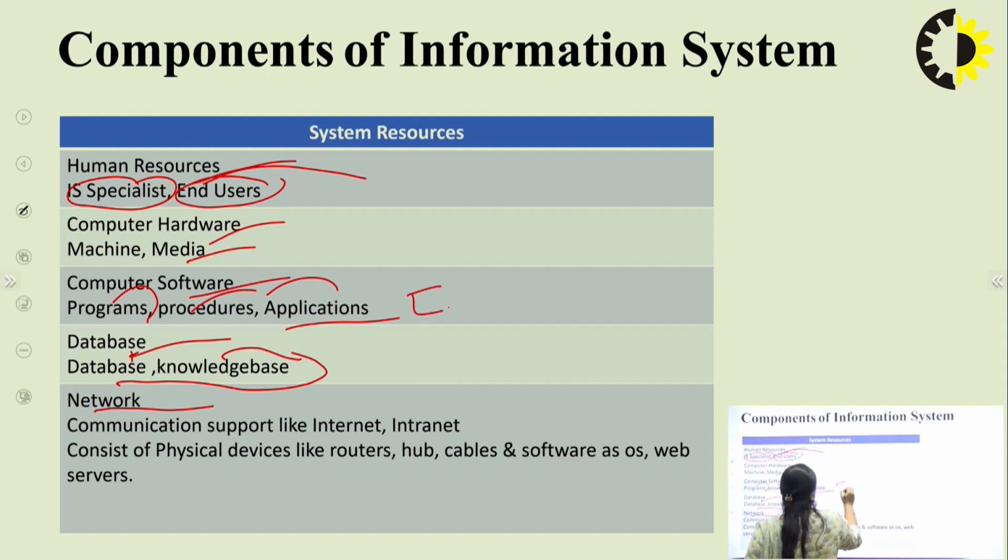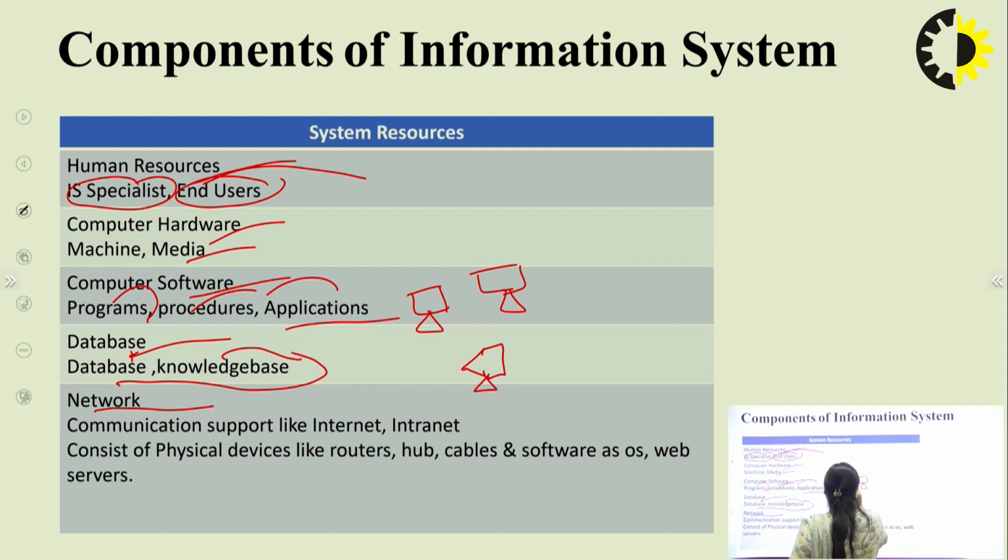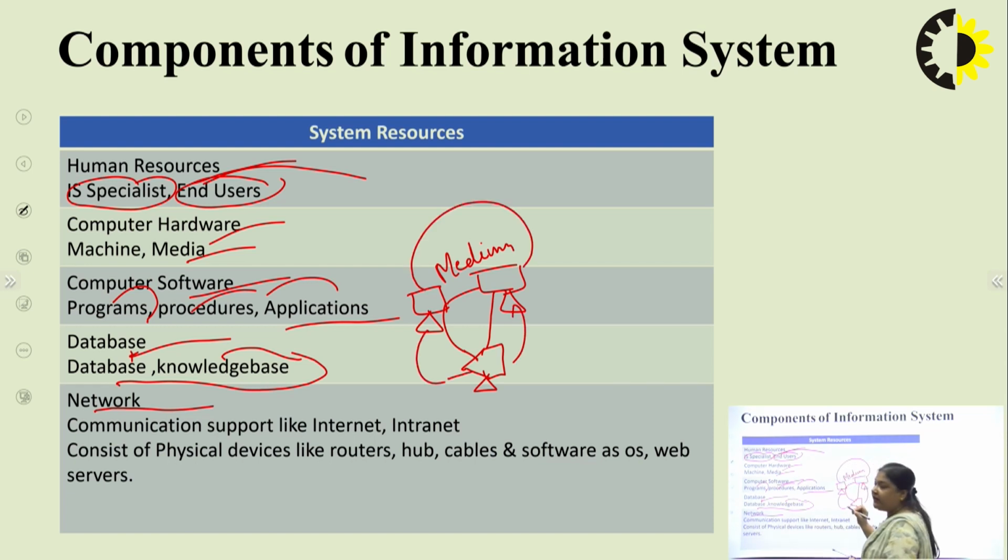Suppose there are multiple systems in a network, and they need some medium to communicate with each other. That medium is called the communication support.